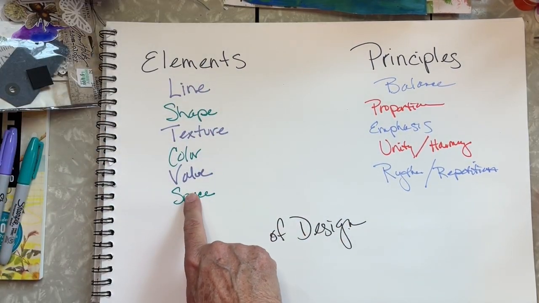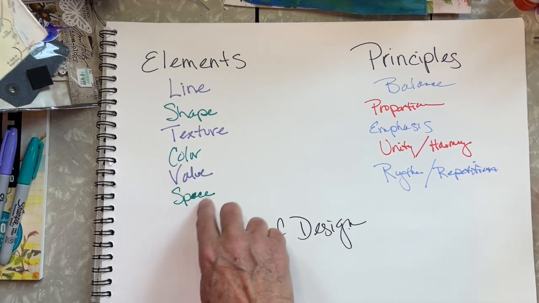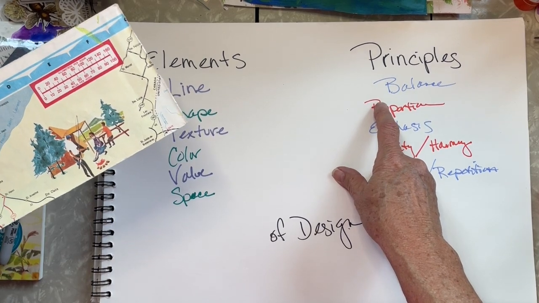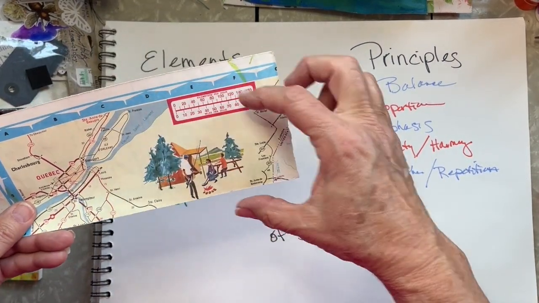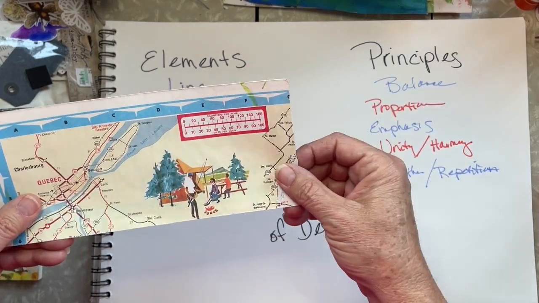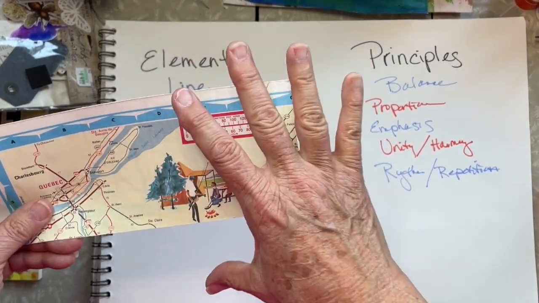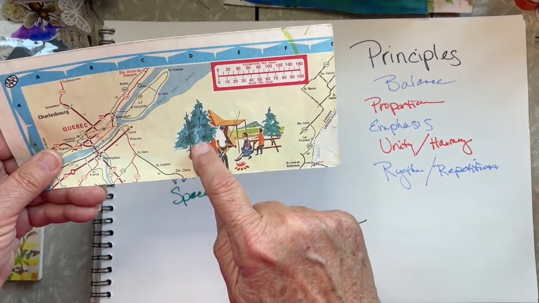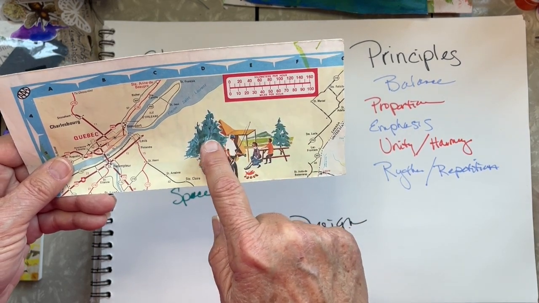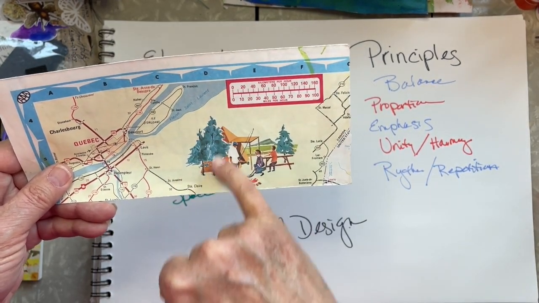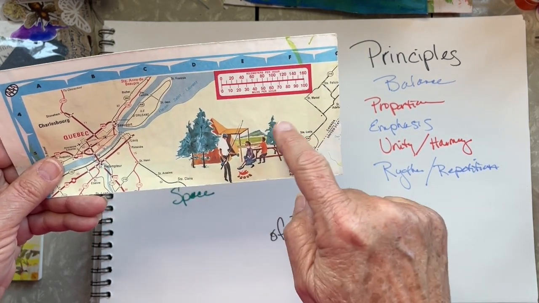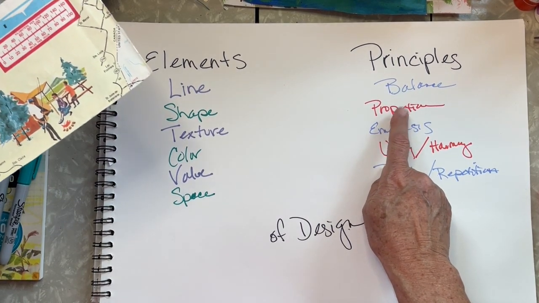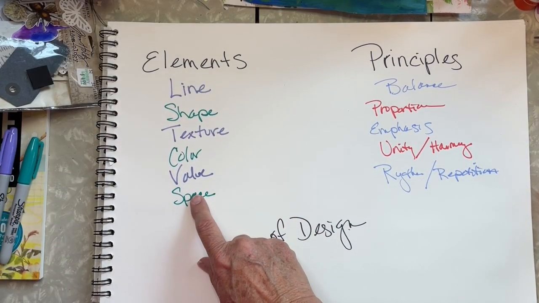So space is an element, and one way we can organize space is with the proportion of the objects we place on our composition, on the piece of paper or canvas or whatever we're actually creating our design on. So proportion, that's what I was talking about with these trees. So proportionately, this is larger. This is physically larger if I measure it. And this one is physically smaller. So through using proportion, we can create this element of space.